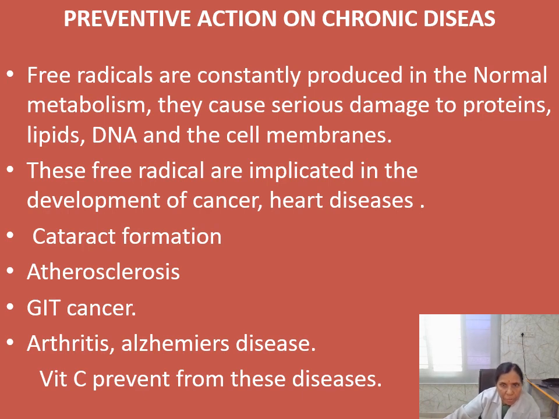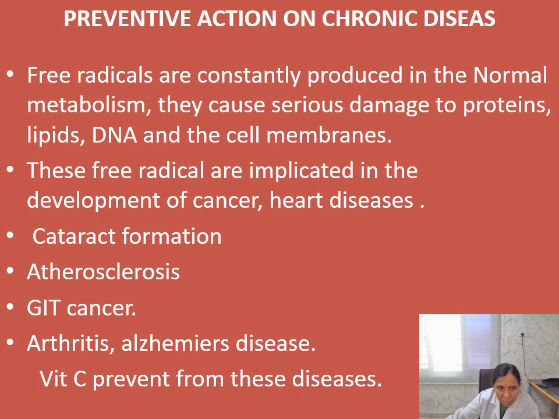And the preventive action on chronic diseases. Free radicals are constantly produced in normal metabolism, and they cause serious damage to proteins, lipids, DNA, and the cell membranes. These free radicals are implicated in the development of cancer and heart diseases. And vitamin C prevents cataract formation.